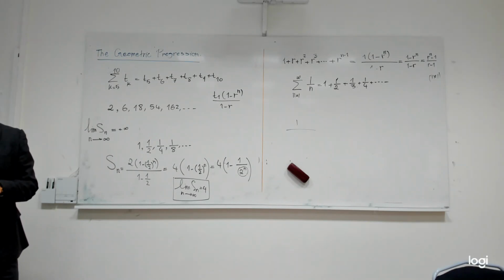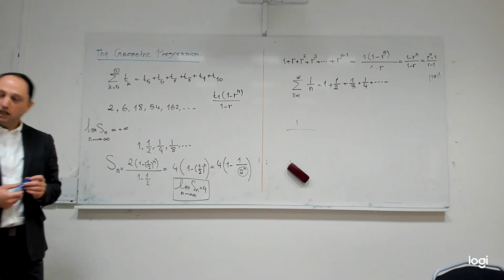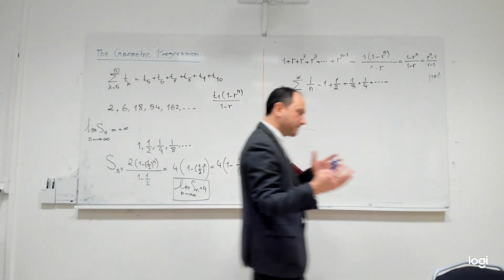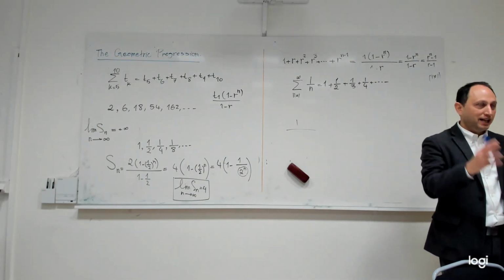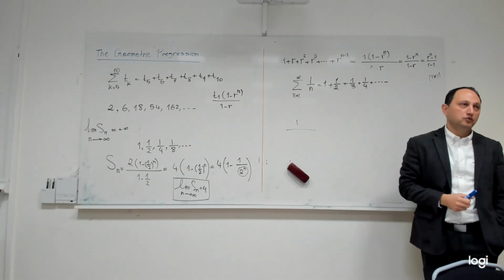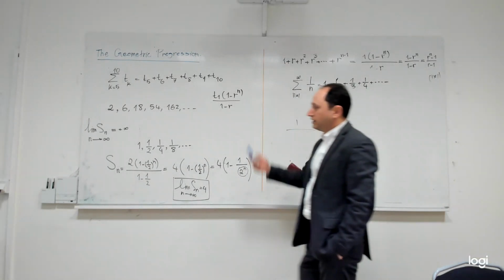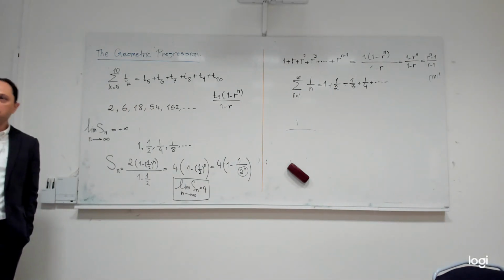The idea behind how to show it is to write this as 1 over powers of 2, then group them and add them, and convince yourself that eventually it will grow very much. So I want to tell you that for these kinds of calculations, don't rely that much on your intuition.